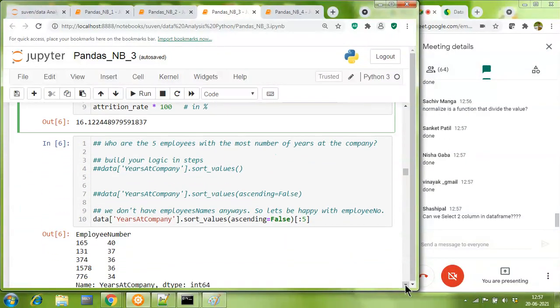Great. Now I'm coming on to the next question, where who are the 5 employees with the most number of years at the company? Again, we will build this logic by going in simple steps.